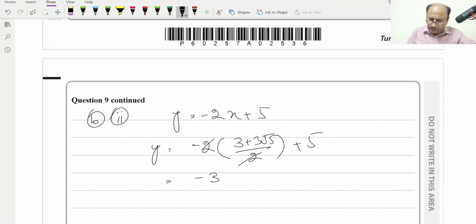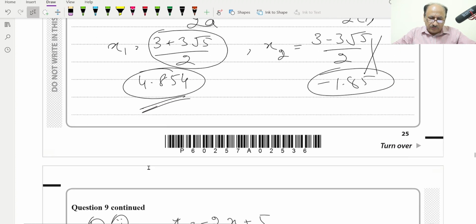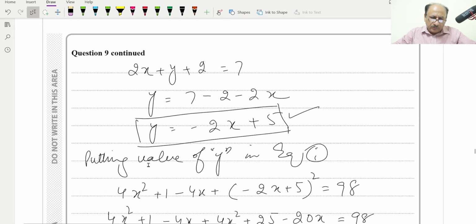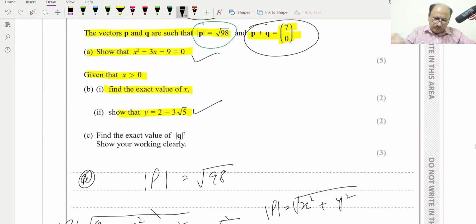This will be minus 3 under root 5 and plus 5. So this will be 2 minus 3 under root 5, which is equal to y. This is the equation which we were supposed to show, which we have shown.